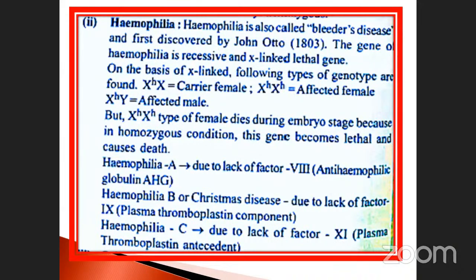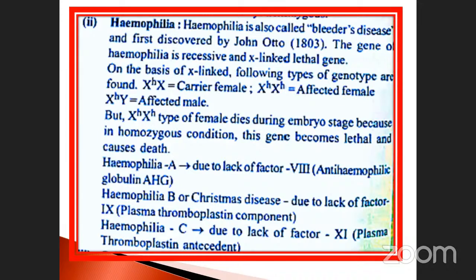Hemophilia A is due to the lack of the 8th factor, otherwise called anti-hemophilic globulin, or AHG. Hemophilia B is also called Christmas disease, due to the lack of the 9th factor, called plasma thromboplastin component. And the last is hemophilia C, due to the lack of the 11th factor, plasma thromboplastin antecedent.